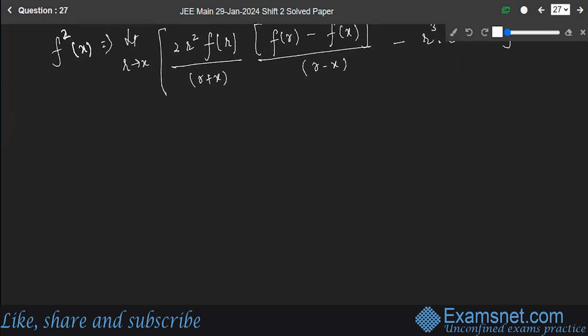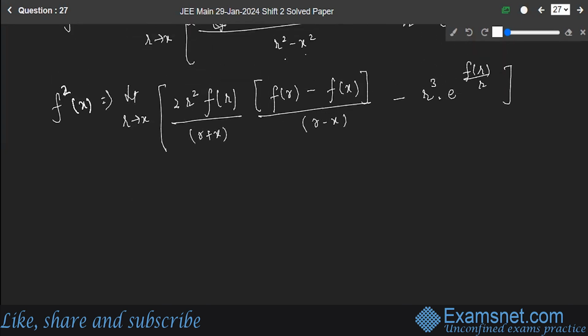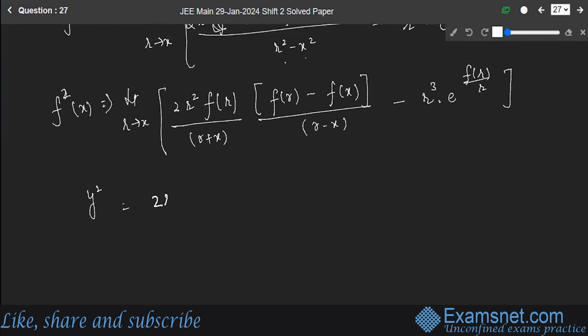Right? This I can write as, see, this will be equal to y square. Let's write it as y square. So now this limit r approaching x, this will be equal to 2r square fx upon 2x, this is in the multiplication.